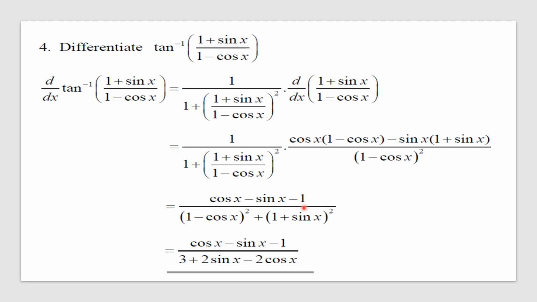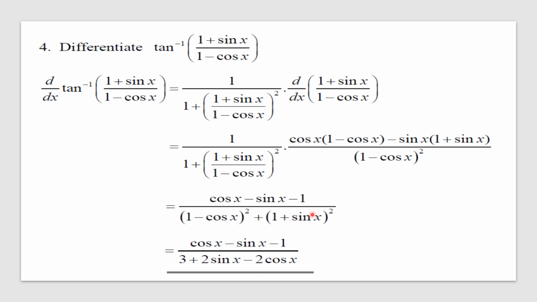And then the next step is you just simplify the whole top. You expand this, and it becomes cos x minus cos squared minus sin x minus sin squared. Then you continue using basic trigonometry and simplify this part of the equation. Please work it out on your own.